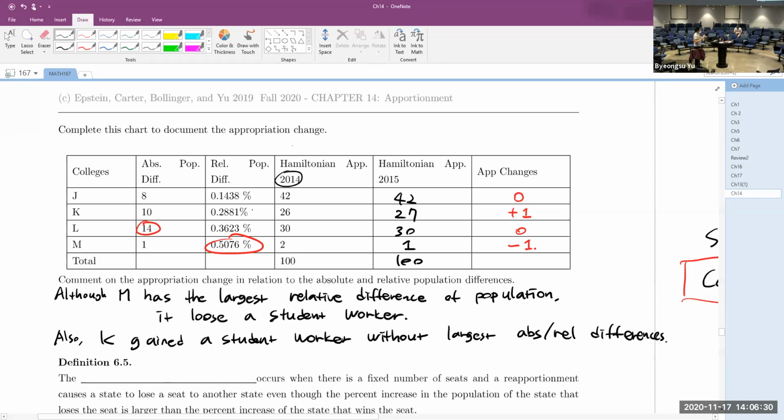So the population paradox means that even if some states have the largest relative difference or largest absolute difference from the last year, they sometimes don't get a new seat because of that. So that's called the population paradox.